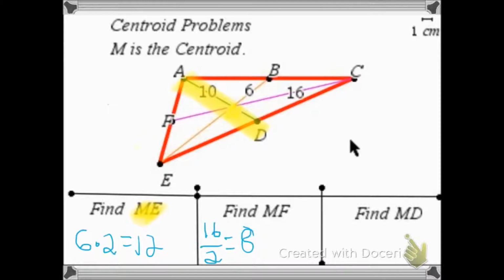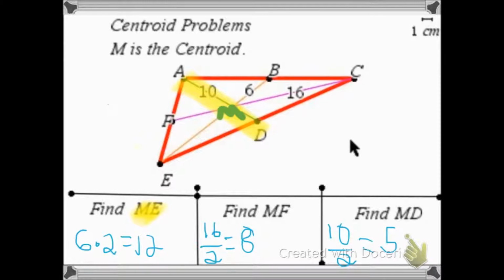You know where the M is, and the M kind of got torn up there. Is the distance from M to D the big part or the small part of the median AD? You are correct if you're saying that the distance from M to D is the small part. So I take that 10, divide it by 2, and I get 5.